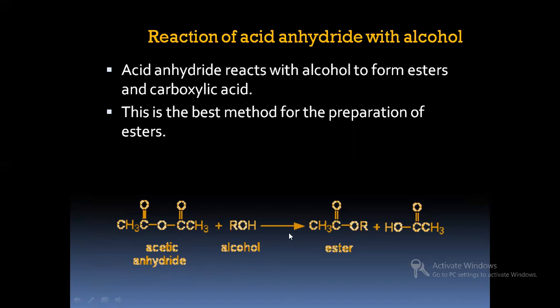One merit of this reaction is that you get carboxylic acid along with ester, where the percentage of ester is dominating and the percentage of carboxylic acid is less, but still we get both the products whenever we make alcohol react with acetic anhydride.